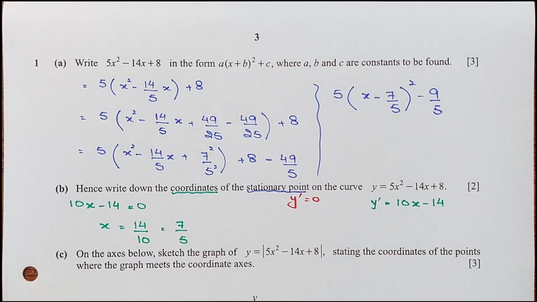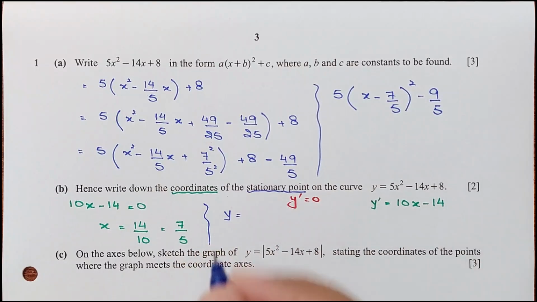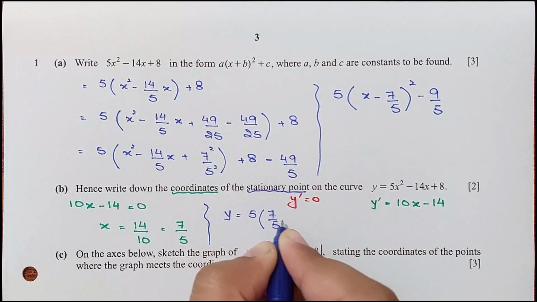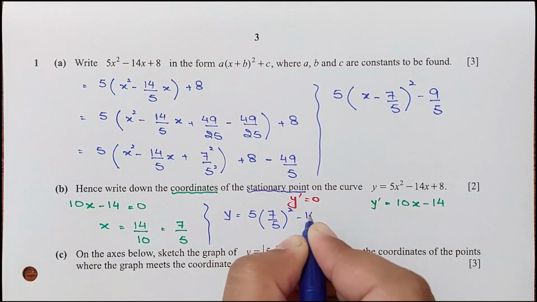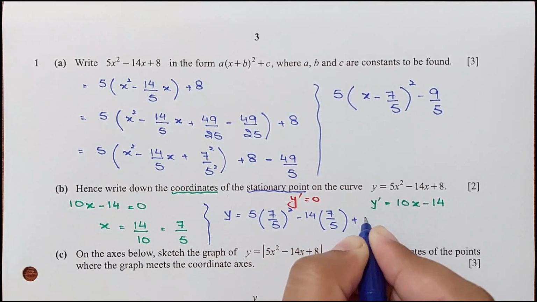Now we have to solve the y coordinate as well. For the y coordinate, we substitute the x value into the curve. So 5 times 7 by 5 whole square minus 14 times 7 by 5 plus 8.